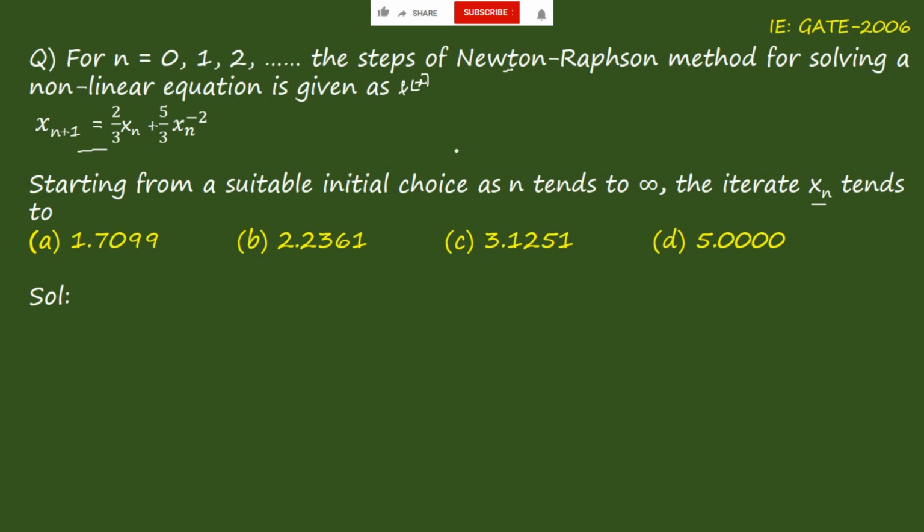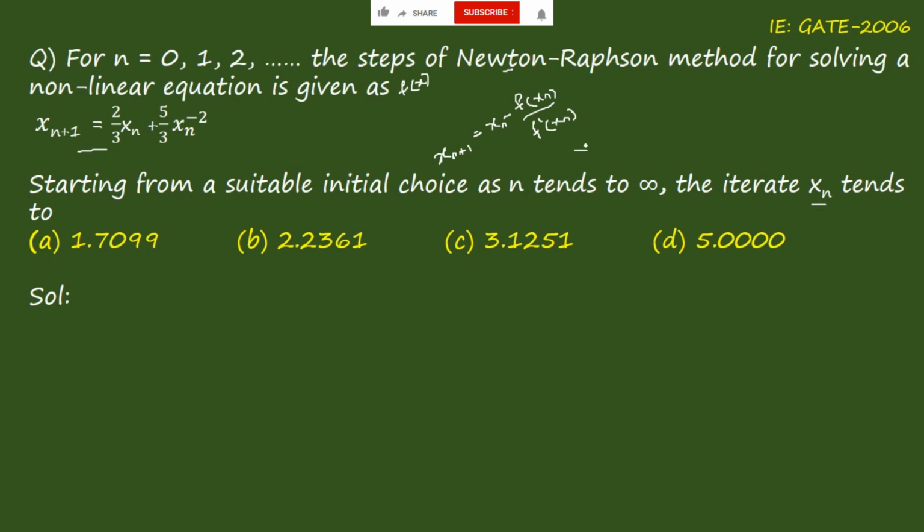The general formula that we know for the Newton-Raphson method is x of n plus 1 is equal to x of n minus f of x of n by f dash of x of n. This is the general formula that we know, but we have to find the x of n value. First we define the value of f of x of n.